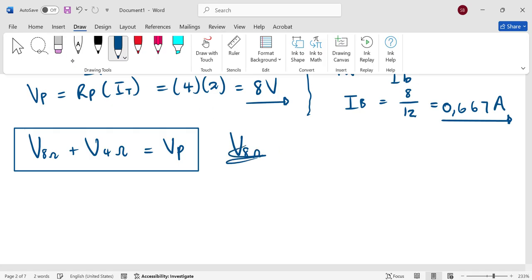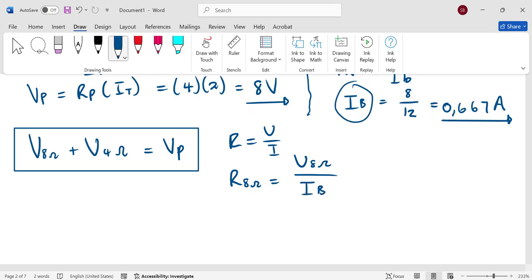According to Ohm's law, R equals V over I. That's the resistance of the 8 ohm, and the voltage of the 8 ohms, divided by the current in the second division, which is IB, what we calculated here.